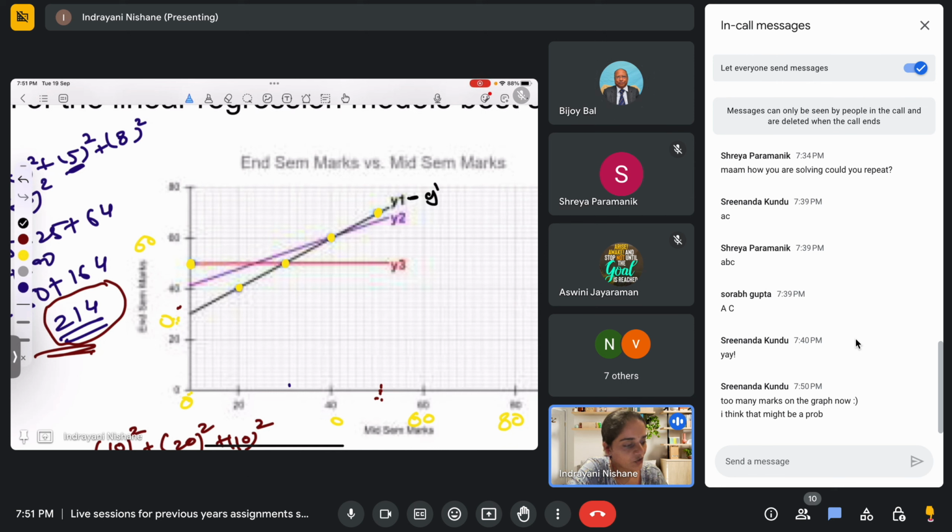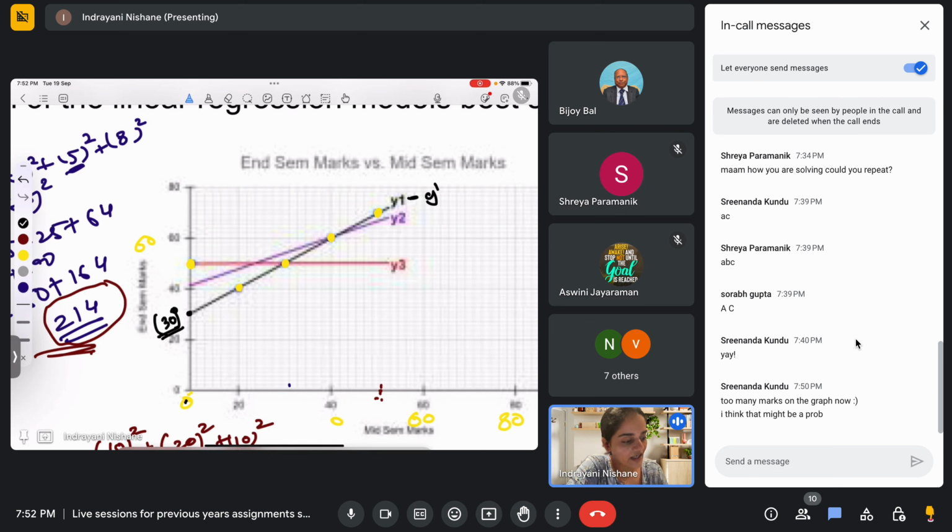Now for this 0 value, the predicted value over here is somewhere between 20 to 40, which is 30, halfway between 20 and 40. So this is the predicted value for x equal to 0. Mid-sem marks 0, so end-sem should be 30. That is what our predictor model says.